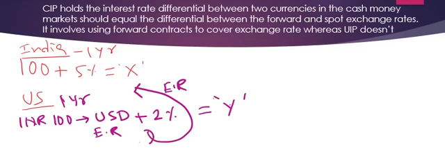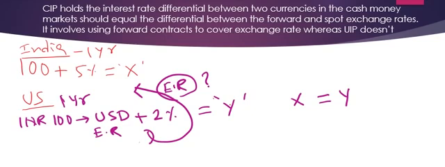So now there is a risk of exchange rate after 1 year because you are not sure how much you are going to get after 1 year. So what the covered interest parity concept says is that X should be equal to Y. So how it happens is through covered interest rate arbitrage, an investment strategy designed to profit from the differences in interest rates between two countries when buying and selling foreign currencies.